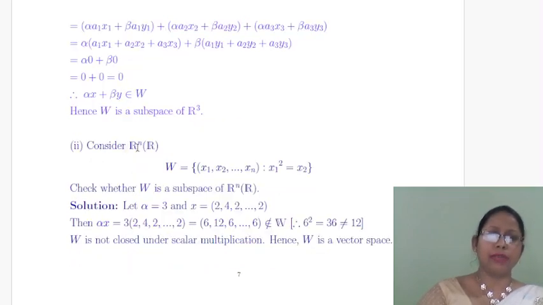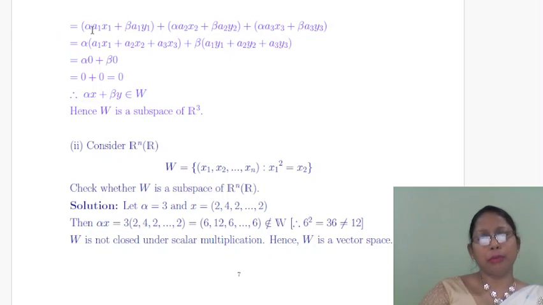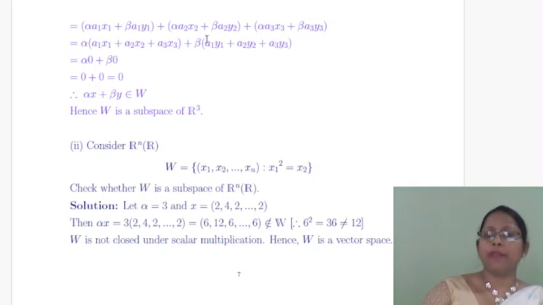Next I am writing it as alpha a1 x1 by using the properties of vector space, plus beta a1 y1. Similarly, I can write the remaining two terms. Now I am grouping the alpha terms together and taking alpha common, then it will be alpha times (a1 x1 plus a2 x2 plus a3 x3) plus beta times (a1 y1 plus a2 y2 plus a3 y3).